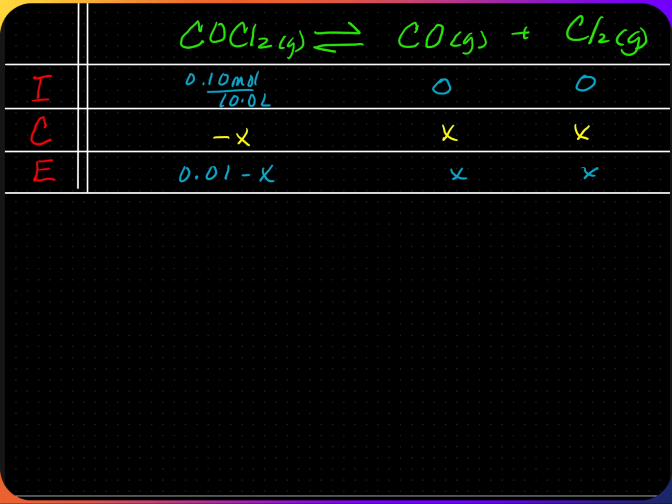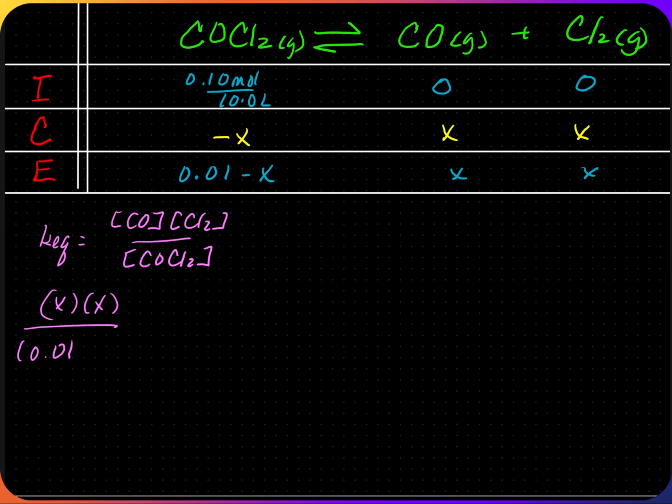The setup is exactly the same except the initial concentration is 0.10 mole per 10 liters. So we're going to write our equation again. The equation is going to be Keq is equal to CO times Cl2 over COCl2. Plugging our values in, this is x times x over 0.01 minus x. This is going to equal the equilibrium constant, which is 8.3 times 10 to the negative fourth, and that was given to you.